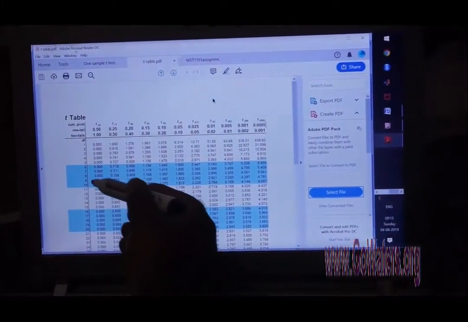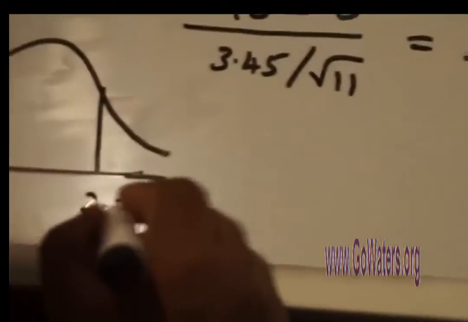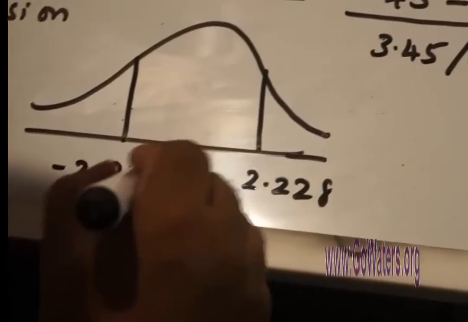I'm looking at 10. So 10, go across, and my T is 0.025. So here 0.025 and 10, that is 2.228. So this point here is 2.228, and this point here is negative 2.228.